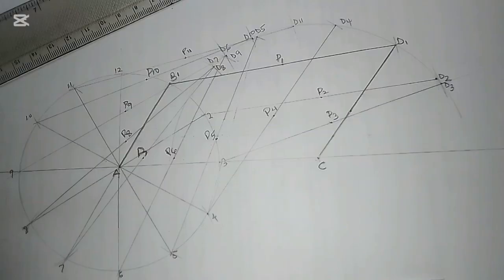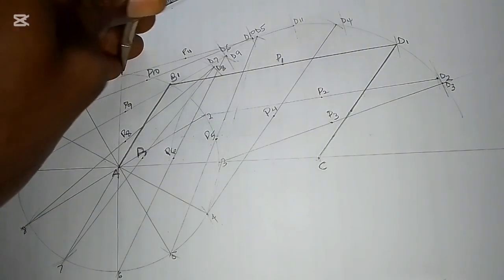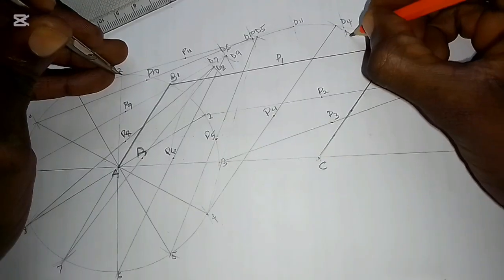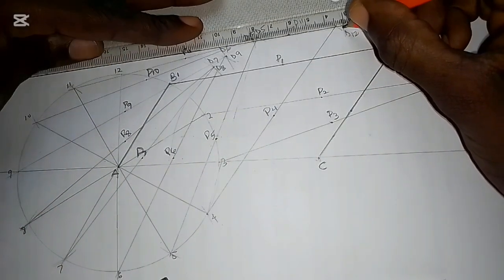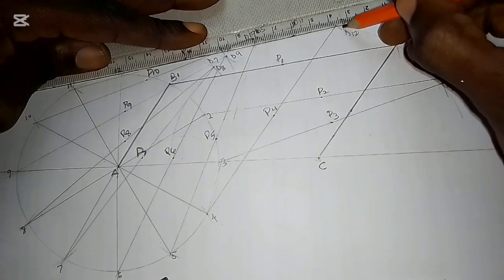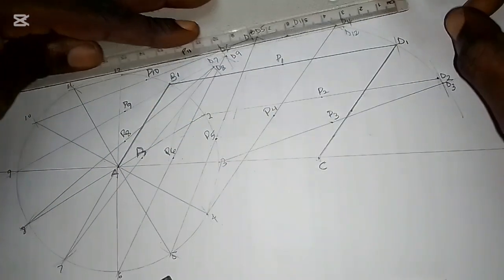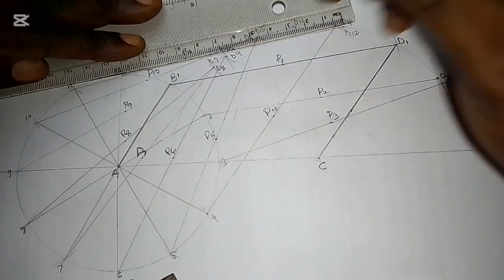Then finally for 12. You can see where we have D12 here. So it's this point here. I'm going to join that point to 12. Then let's take the midpoint, which is 60 as given in the question.